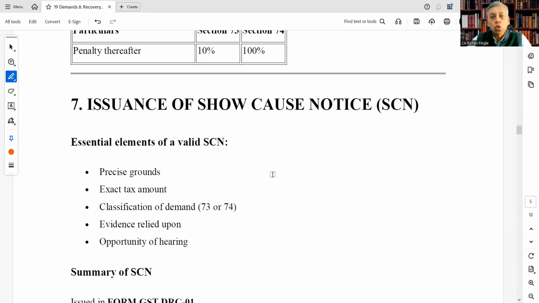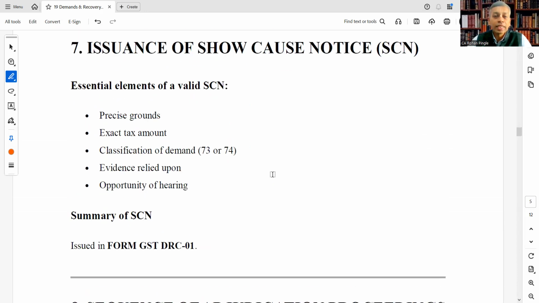Next, issuance of show cause notice. Let's see the provisions related to show cause notice. Essential elements of a valid show cause notice. What are they?